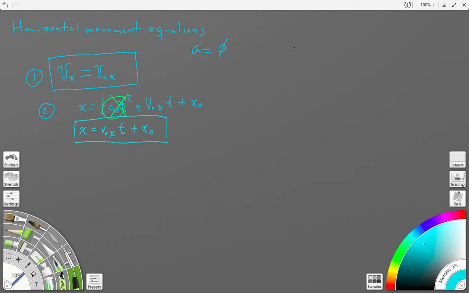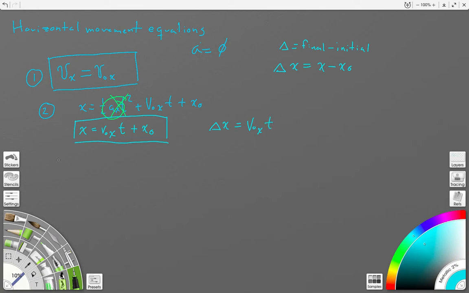Remember that delta, whatever, is final quantity minus initial. So my change in position, my delta x, will be my final position minus my initial position. This can be rewritten as delta x equals vox times t, and that is it.